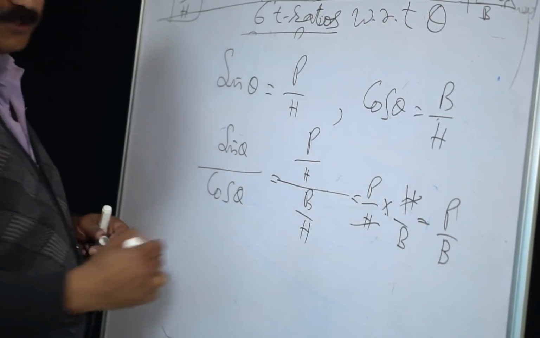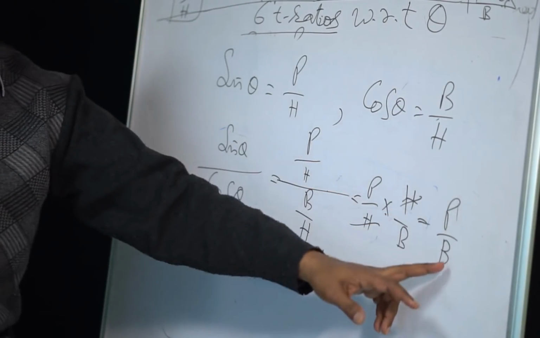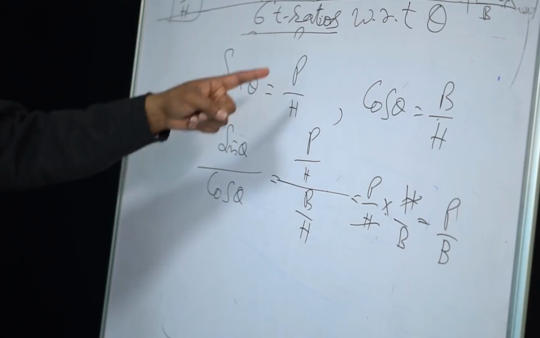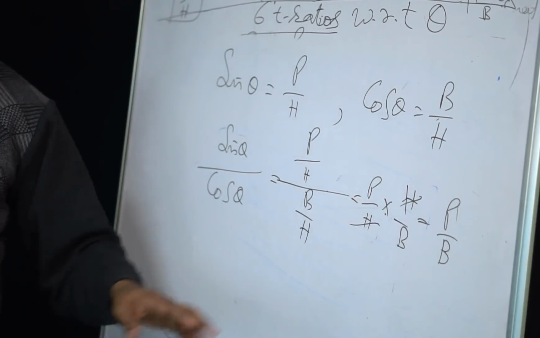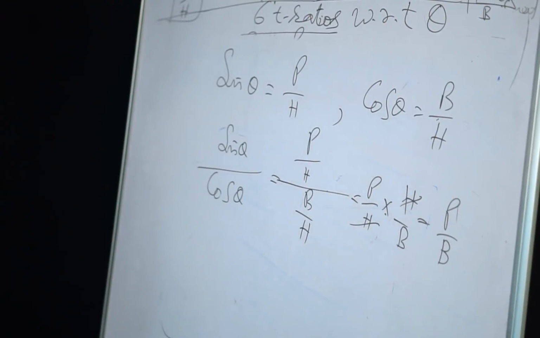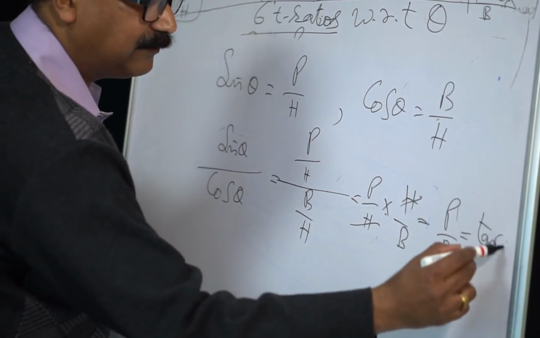I told you, both sides you have to memorize. Now this is the time you have to recognize what is p by b. P by h is sine, b by h is cos. What is p by b? Tan theta, perpendicular by base. So p by b means tan theta.